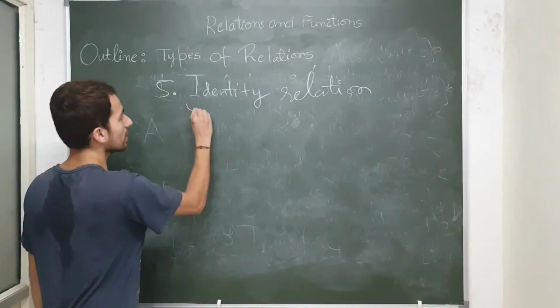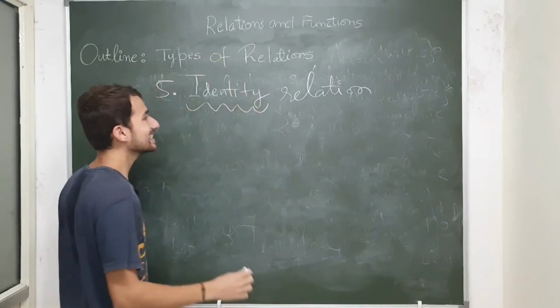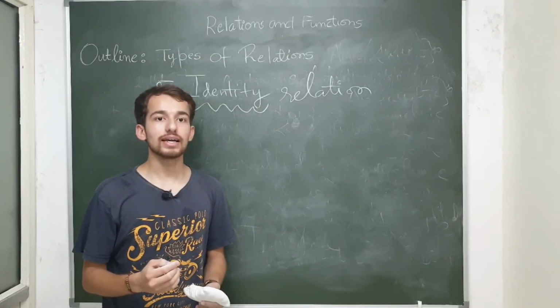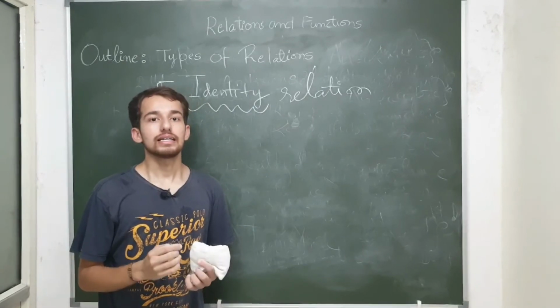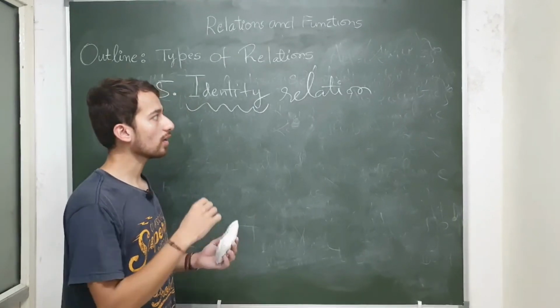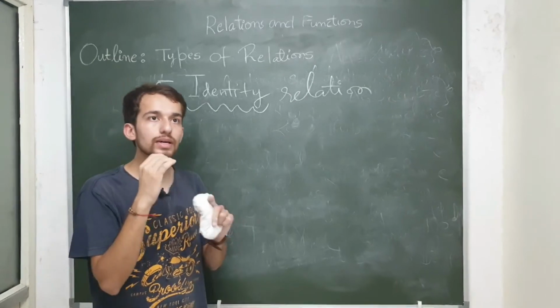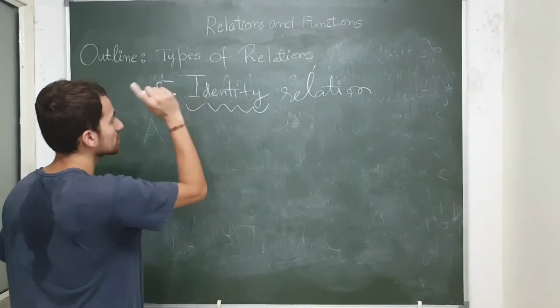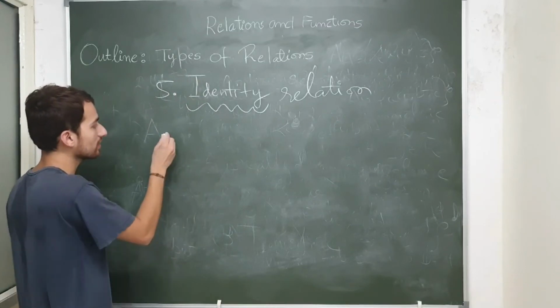The first keyword, identity, if you try to absorb it, says basically that all the elements should be related to itself only. Now let me write the formal definition.